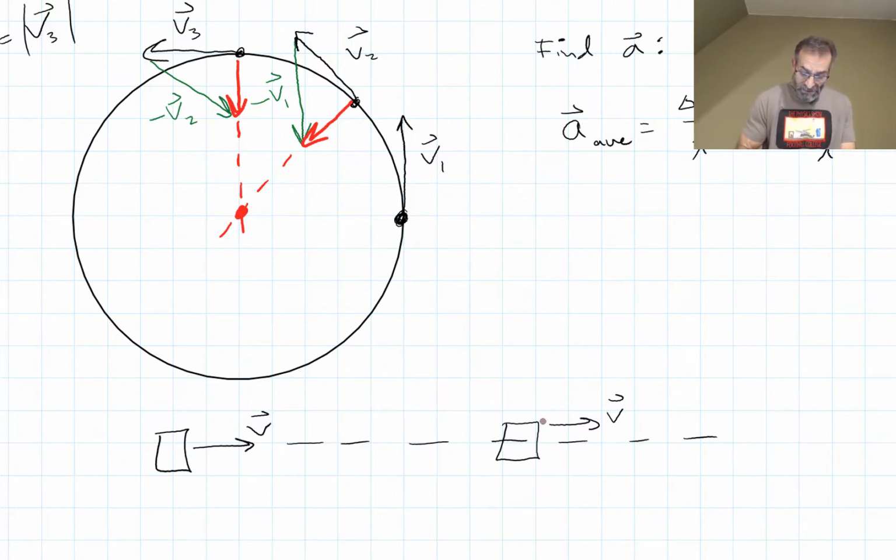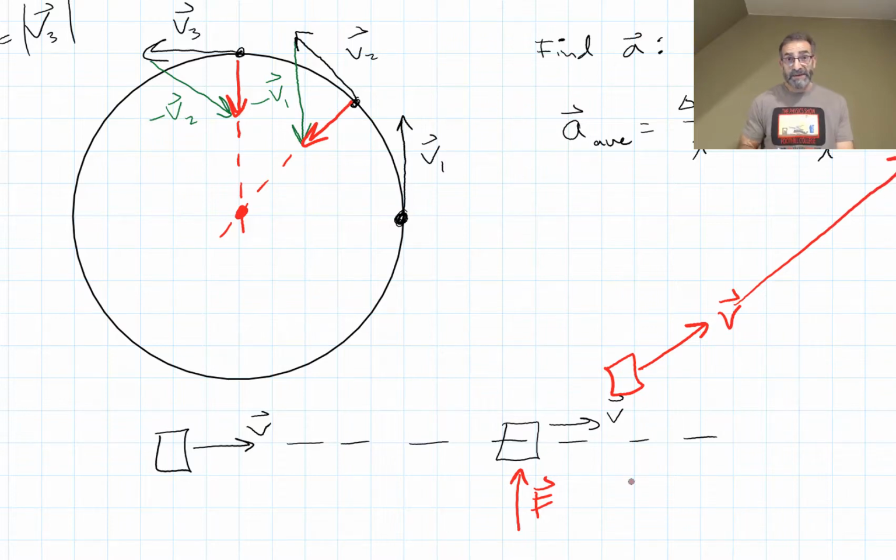If my object is moving along here with speed v, and I give it a kick with my foot in this direction, what's going to happen to my object? Well, it's going to end up over here moving with the same exact speed v, but now it's going in a different direction. I can't change the speed of the object by pushing perpendicular to its velocity.